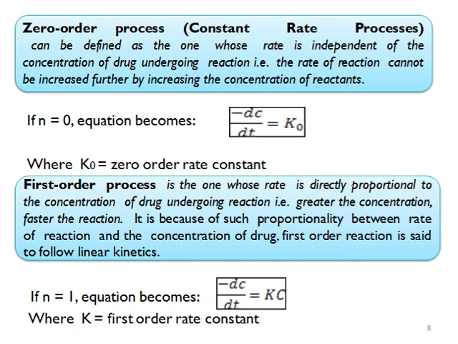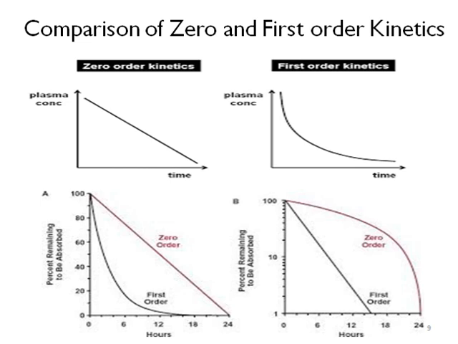So now basically you are asked what is the comparison between zero and first order kinetics. So if we compare all the different aspects, then the first one, graphical representation. Based on graphs, how can you differentiate between zero and first order kinetics?